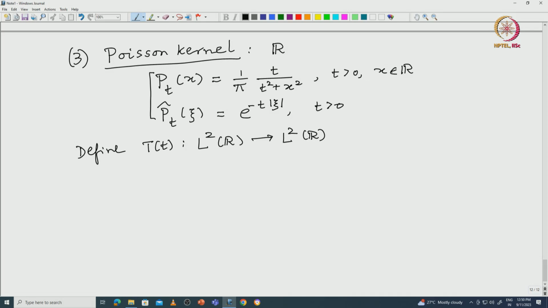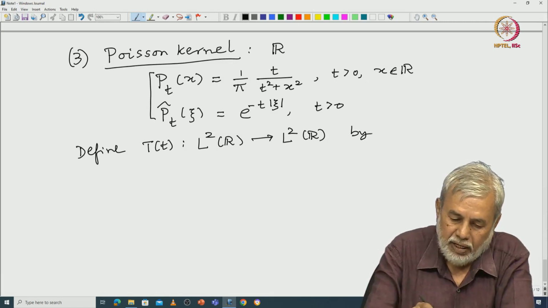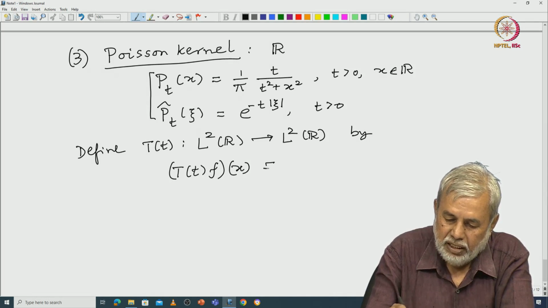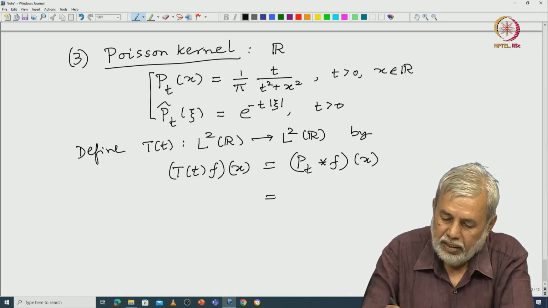You can make full use of Fourier transform techniques. So T_t f, I take an f here, is the convolution of P_t with f.